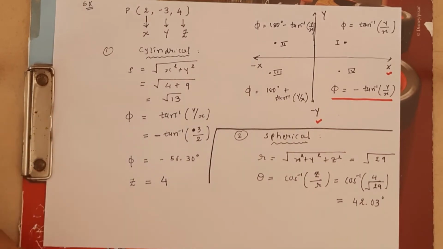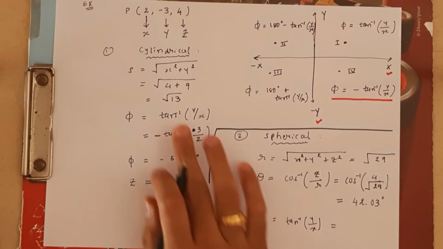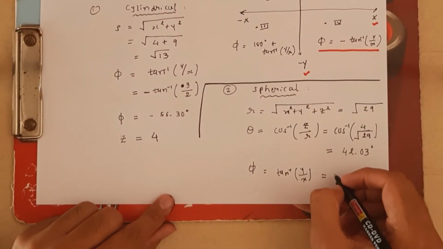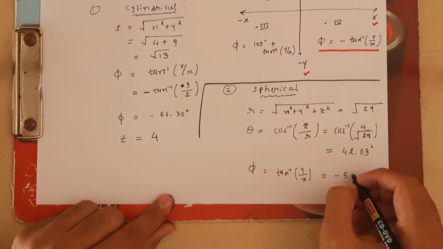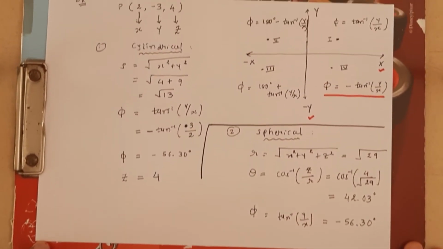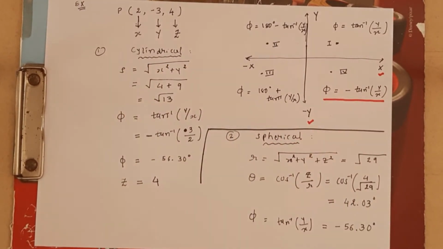And last, phi: phi is the same, which is tan inverse y by x. Tan inverse y by x gives the same answer, which is minus 56.30.